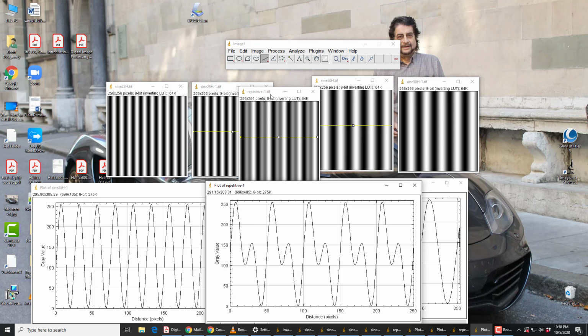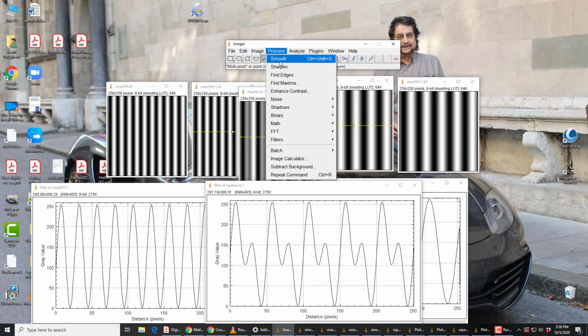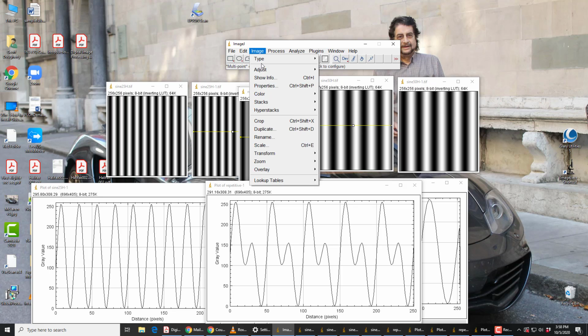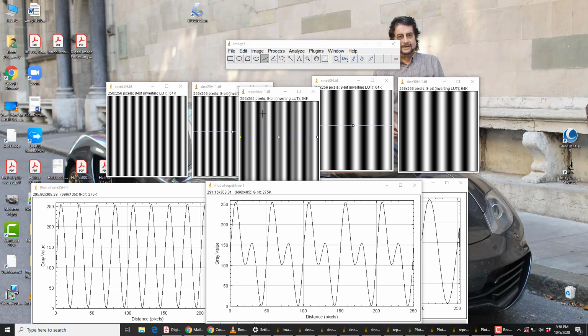You can make this wave here by adding the sine 25H and the sine 50H in Image Calculator, add them to make a 32-bit result, and then change that 32-bit result back to 8-bit, and you will get this here.